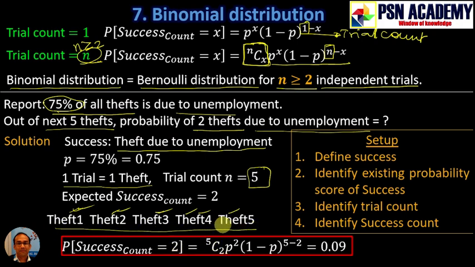Out of 5, you have chosen 2. So 5C2, P raised to 2, (1 minus P) raised to N minus X, that is 5 minus 2. And this probability will give you 0.09. So there is a 9% chance that out of the next 5 thefts, 2 thefts will be due to unemployment. Clear? So this is binomial distribution.